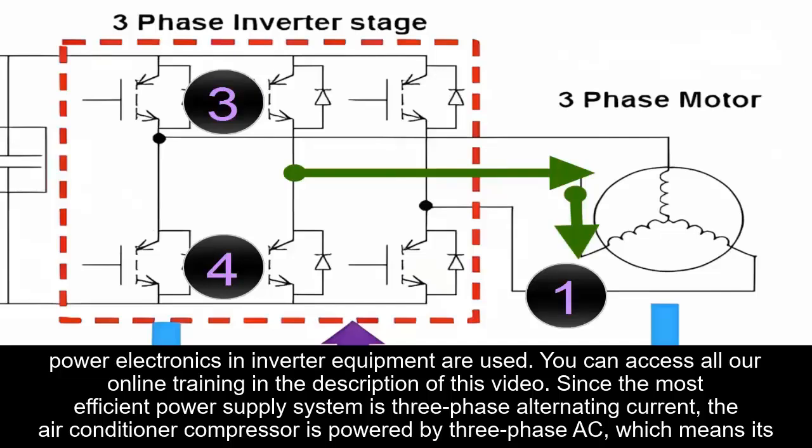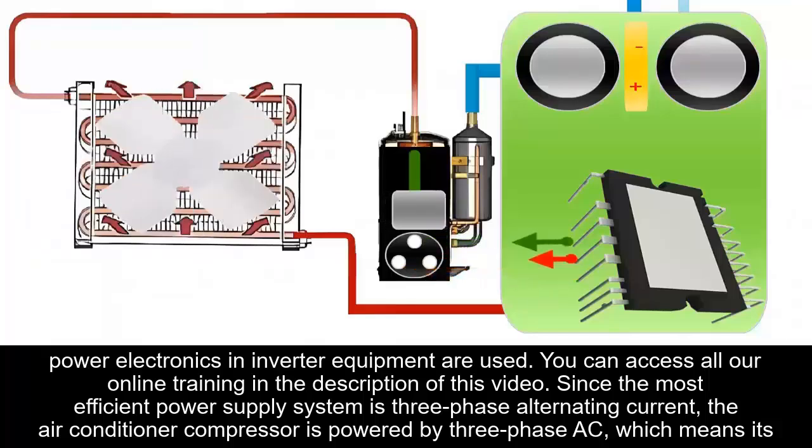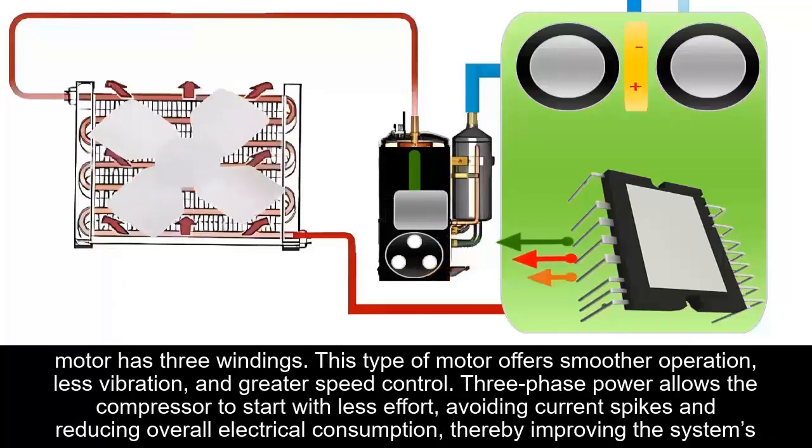Since the most efficient power supply system is 3-phase alternating current, the air conditioner compressor is powered by 3-phase AC, which means its motor has 3 windings.